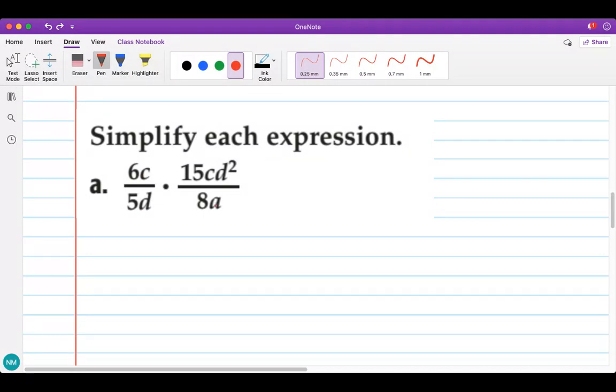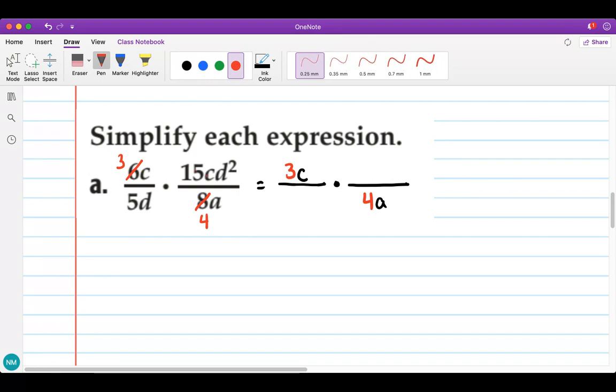The c and a stay the same, but 6 and 8 are both divisible by 2. 6 divided by 2 is 3, and 8 divided by 2 is 4. So I have a 3c and 4a. I'm going to rewrite this for clarity. So this became a 3c and a 4a.